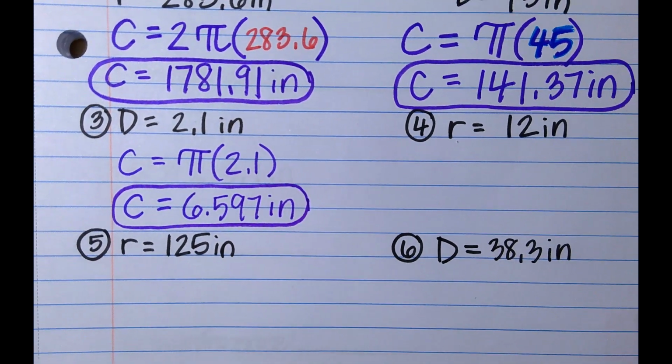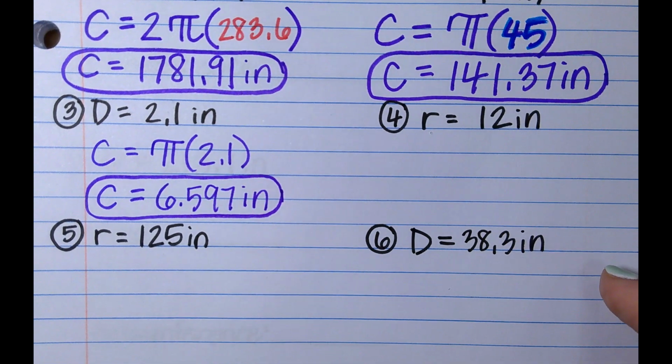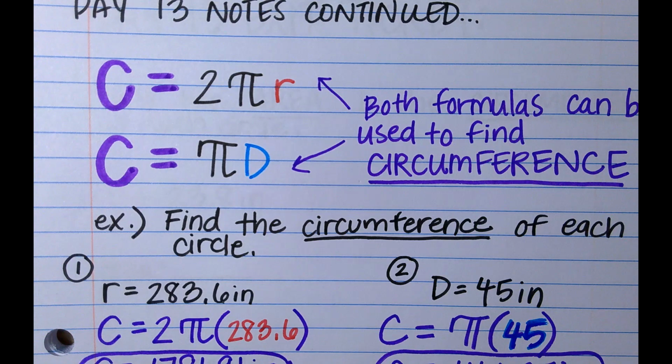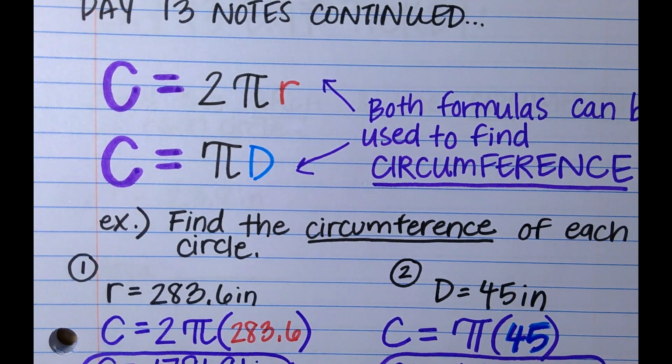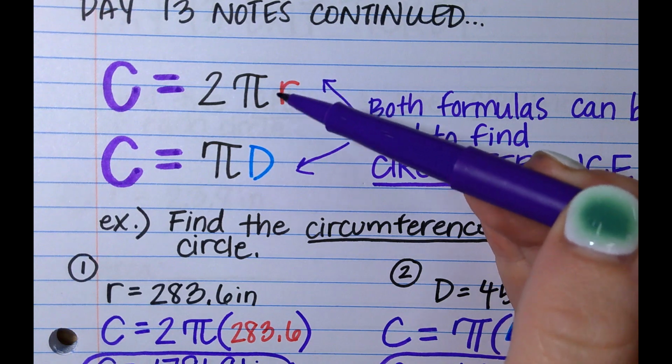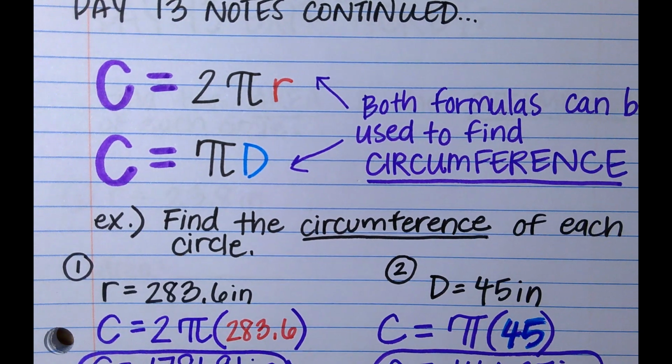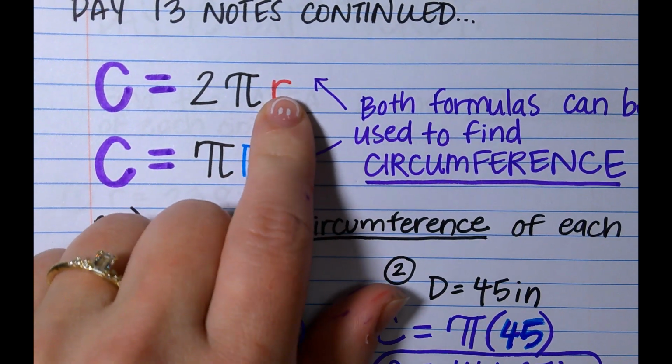Okay. For number 4, we have a radius. Are we using the formula on top or bottom, if we have a radius? Yeah, we got to use the top one. Since we have radius, we want to use the formula that has the radius in it.